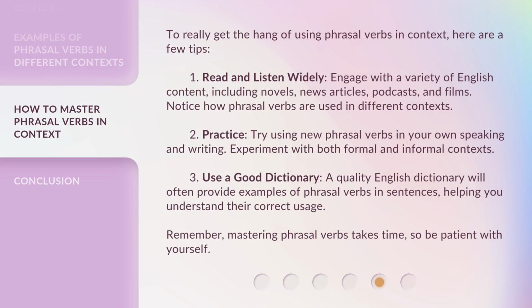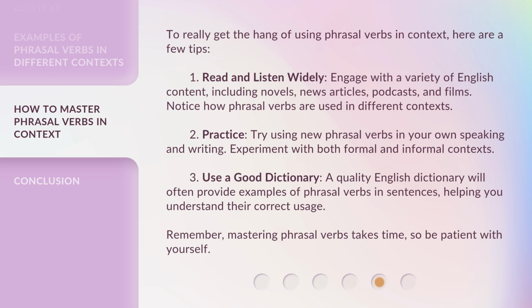To really get the hang of using phrasal verbs in context, here are a few tips. One: read and listen widely. Engage with a variety of English content, including novels, news articles, podcasts, and films. Notice how phrasal verbs are used in different contexts. Two: practice.